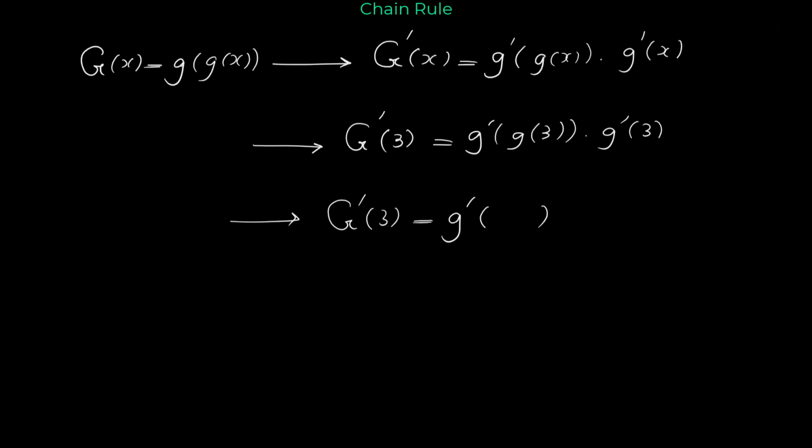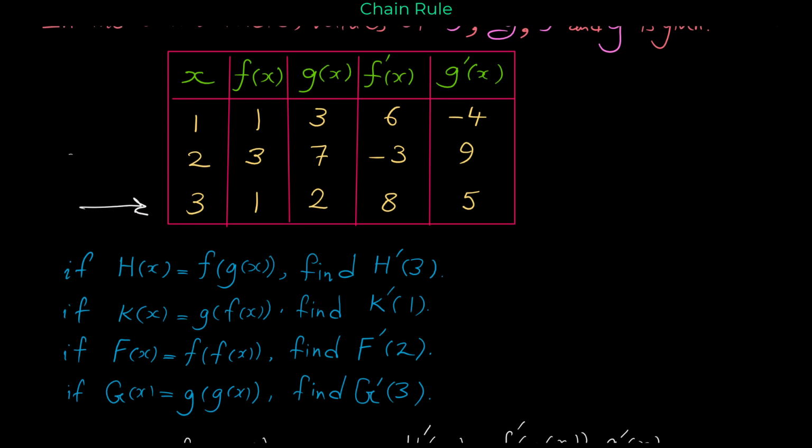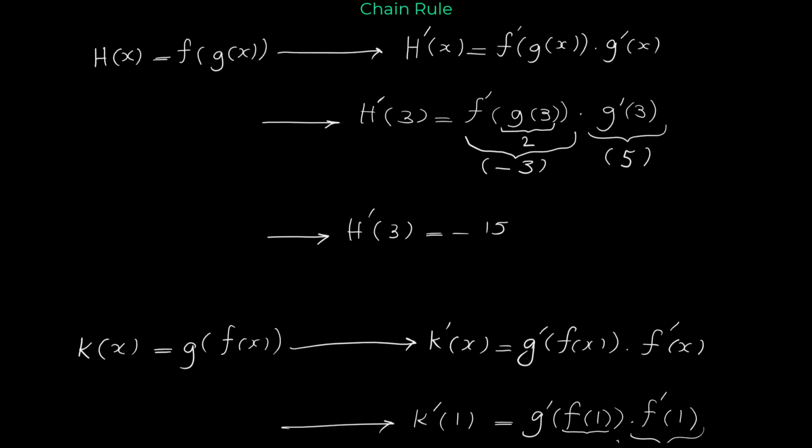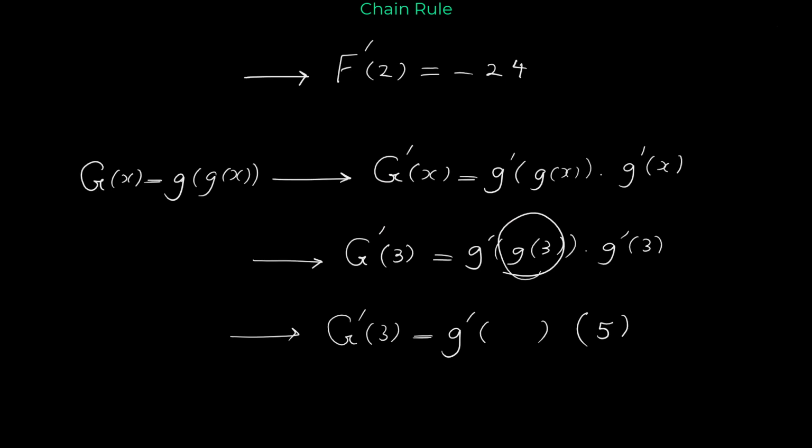Let's see what the value of g prime of 3 is. When x is 3, the value of g prime of 3 is given as 5. So we have times 5 here. This is the value of g prime of 3. But we also need the value of g of 3. What is the value of g of 3?